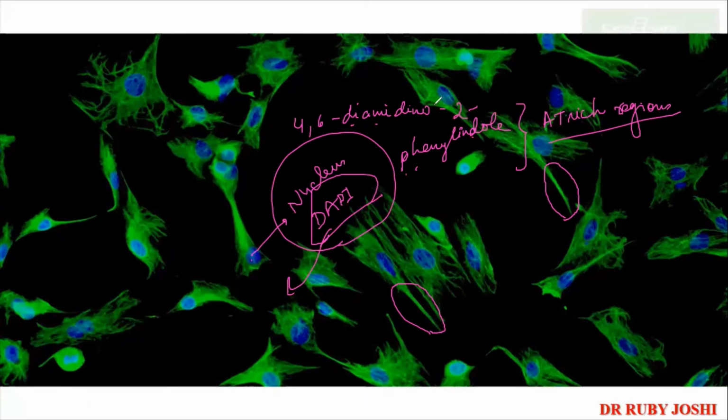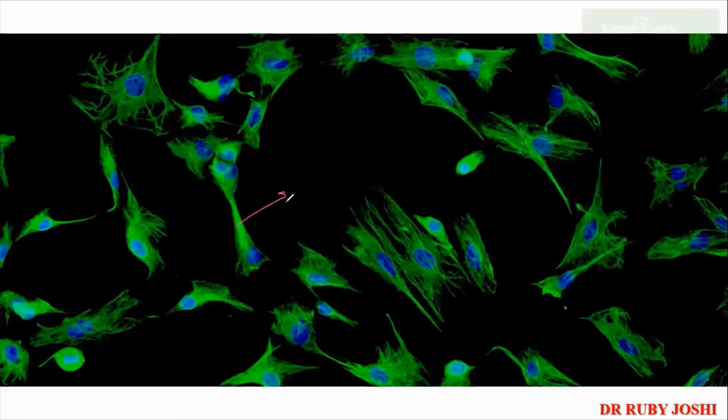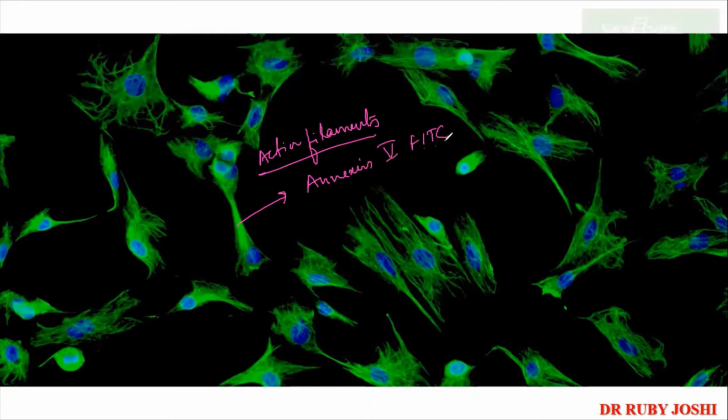Now let's talk about this green part. It is labeling your actin filaments wherever they are present. Correct? These are tagged by something called annexin 5 FITC, fluorescein isothiocyanate. Right now they haven't mentioned which protocol they have used.